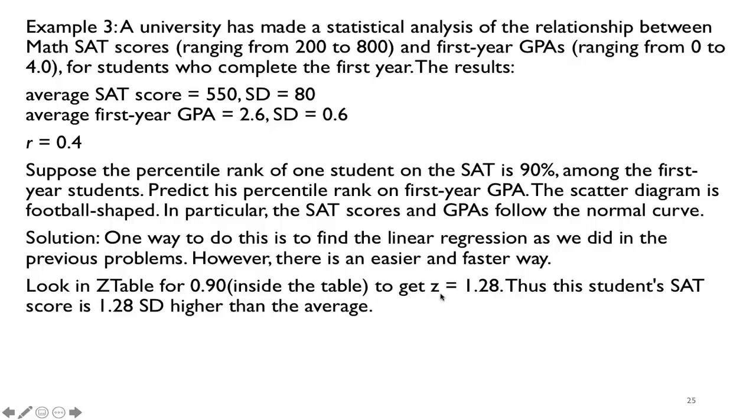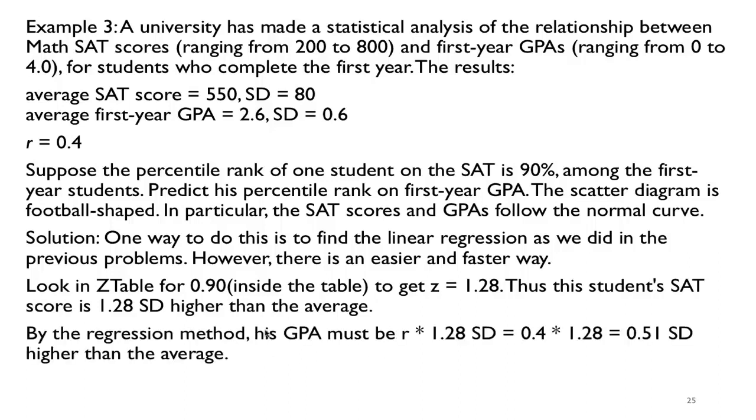The z value will be 1.28, and so that means that this student's SAT score is 1.28 SD higher than the average. Again, if their SAT score is better than 90% of the other students, that means that their score is 1.28 SD higher than the average.